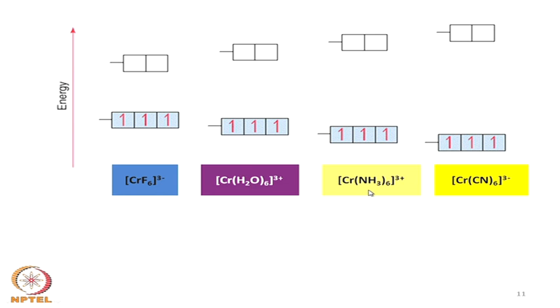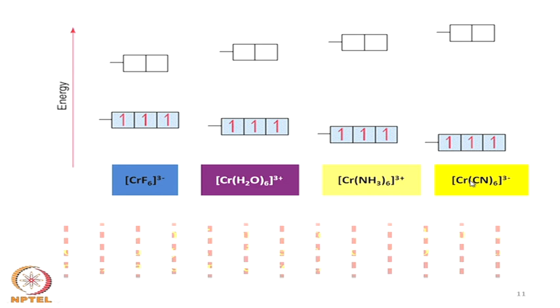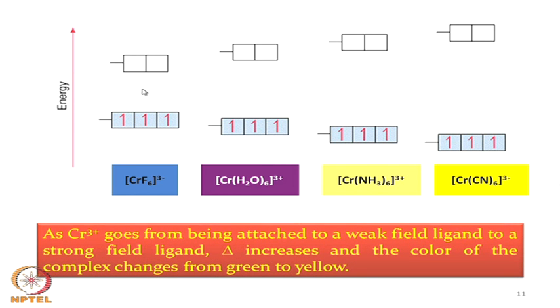But if we put some liquor ammonia or aqueous ammonia into the solution, immediately all the 6 water molecules will be substituted by ammonia. So, we get this compound and ultimately we have the hexacyanochromate species. So, the splitting is changing from left to right. Here we have a small gap, then higher for this compound and more higher for the third, and this is the highest one for the fourth compound.